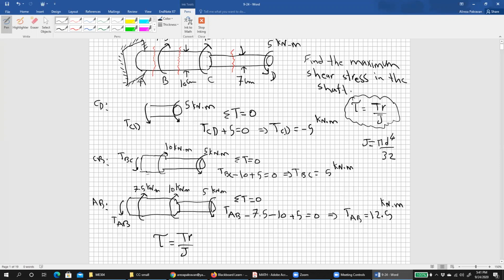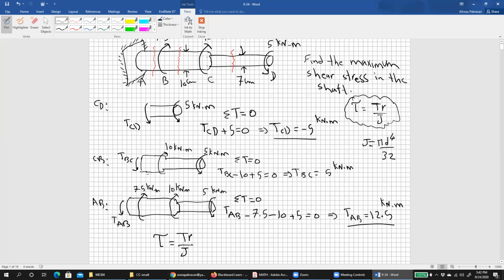But the problem is CD. In CD, the torque is less than TAB, but J is also less, and J is the denominator. When we decrease the denominator, the shear stress may increase, right? So for TAB and TCD, we are not able to just look at these numbers and say the shear stress would be max at this one.